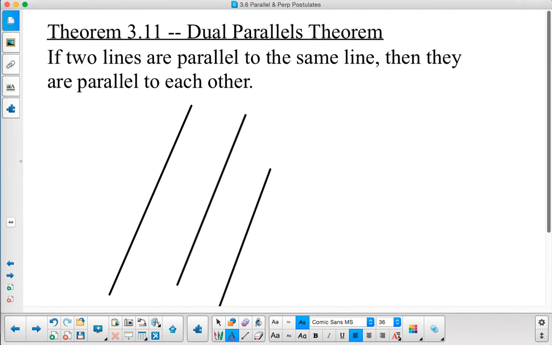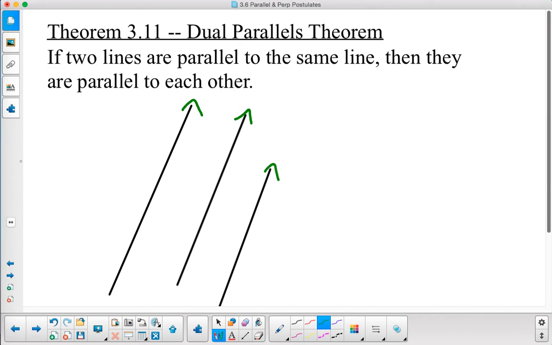Okay, in this thinking, we have three lines. I haven't put the arrows on the ends of them, but there you go. It says if two lines are parallel to the same line. So let's label each of these lines.